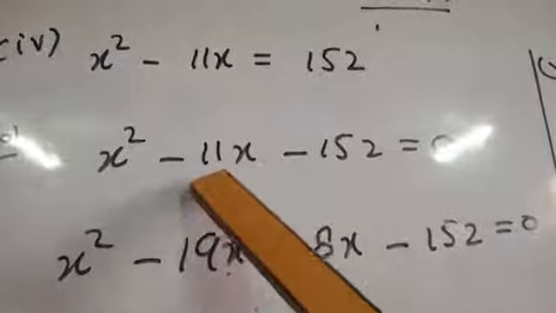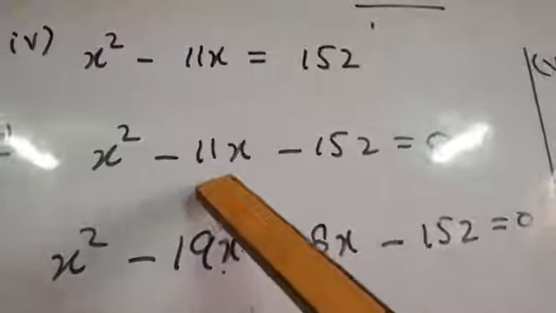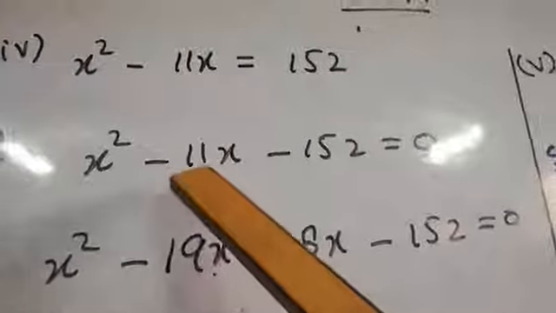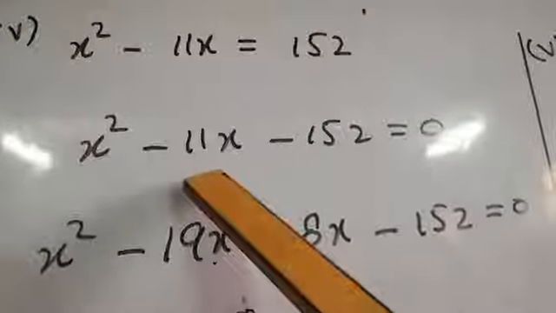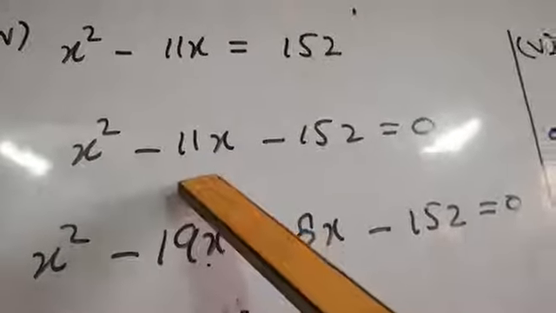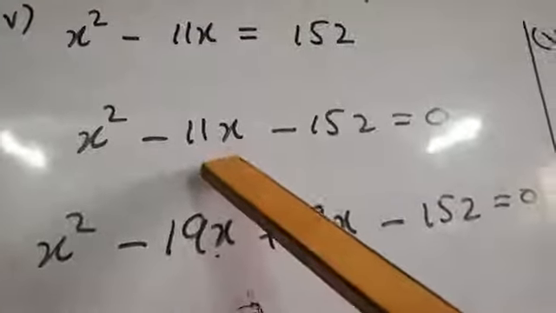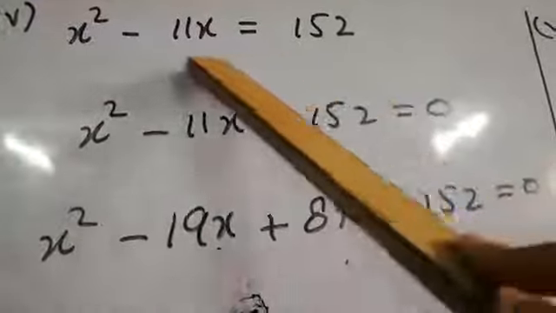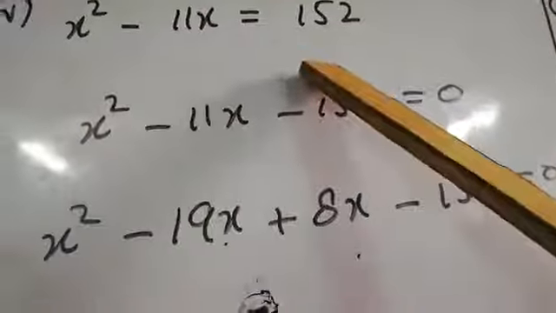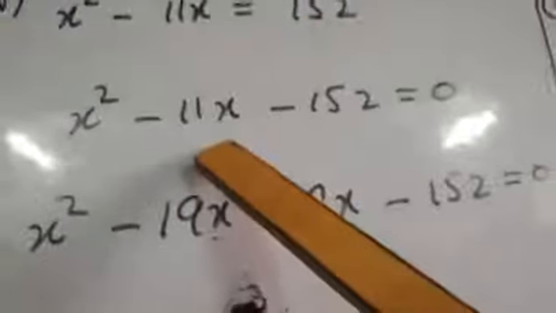We will break it in such a form that if we add or subtract the split values, we get minus 11, and if we multiply them, we get the product 152. So how can we find that particular pair?